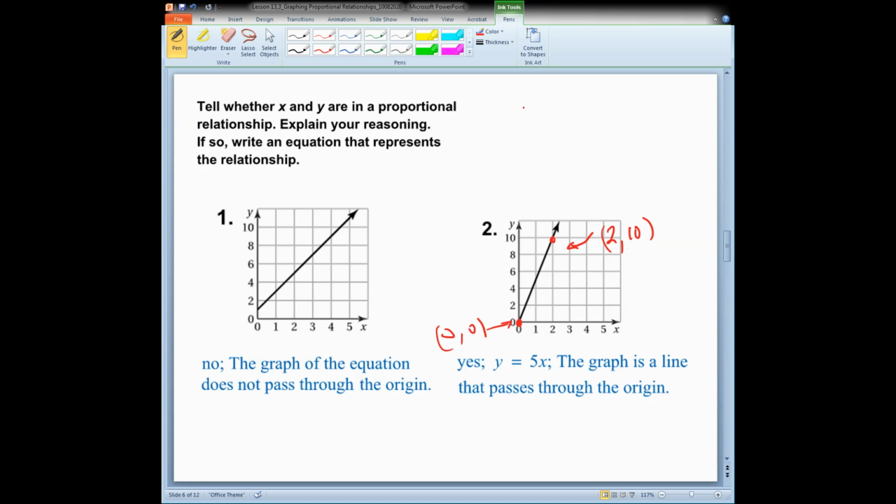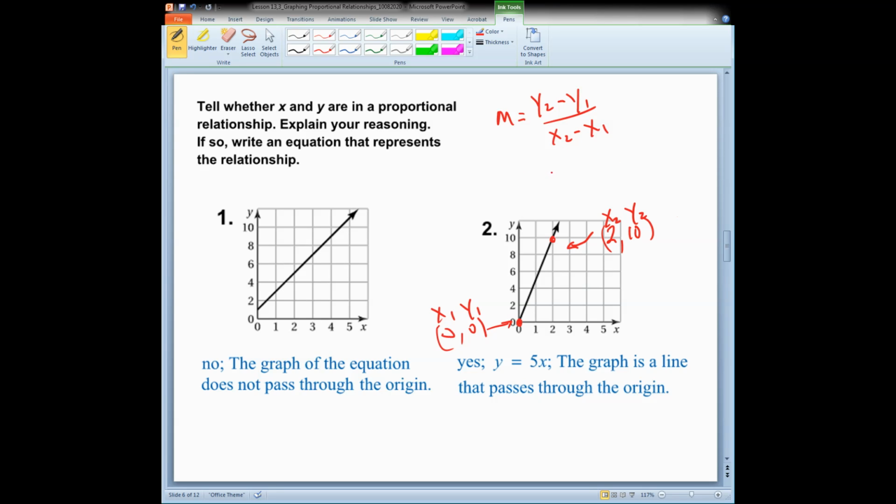Okay, so I can find the slope. M equals y sub 2 minus y sub 1 over x sub 2 minus x sub 1. Maybe I make this x sub 1, y sub 1, and this x sub 2, y sub 2.